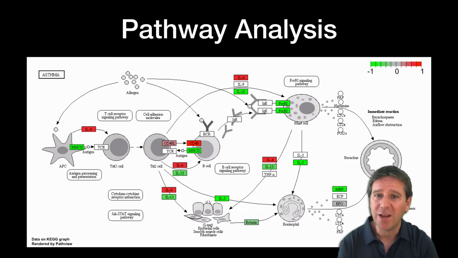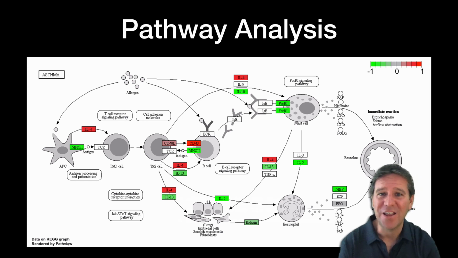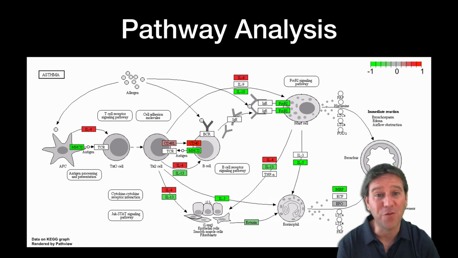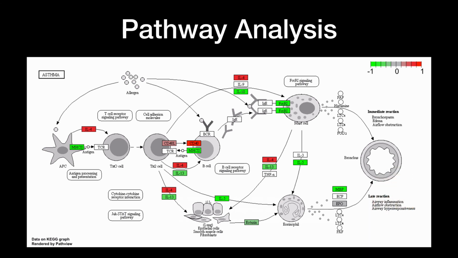So with that, I'm going to finish this little video here, and in our hands-on session, we're going to perform this pathway analysis and make figures just like this one, where each box here is a gene. This is from an asthma pathway that seemed to be very prevalent in the experiment that we were analyzing. And again, the genes here are colored red if they're upregulated, or green if they're downregulated.